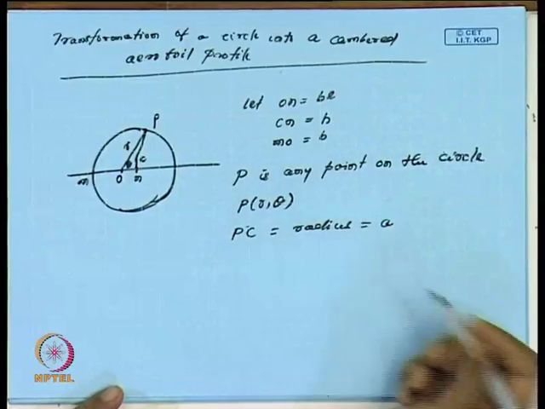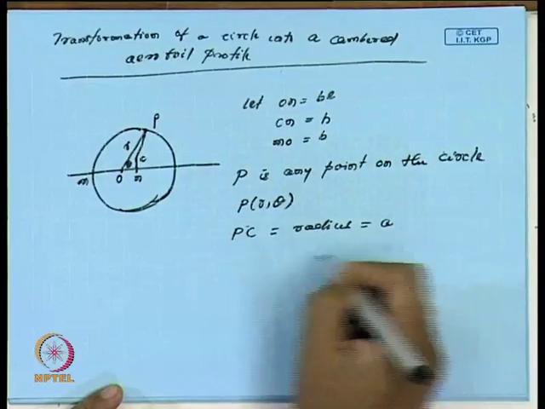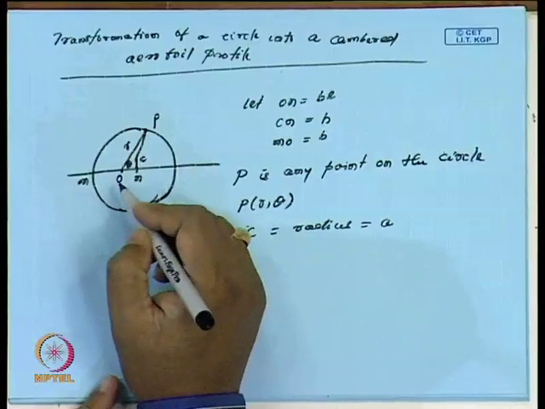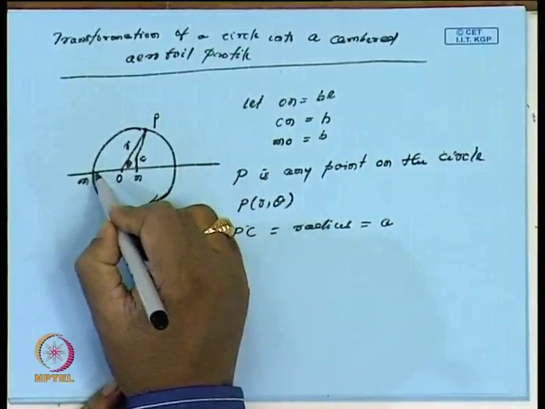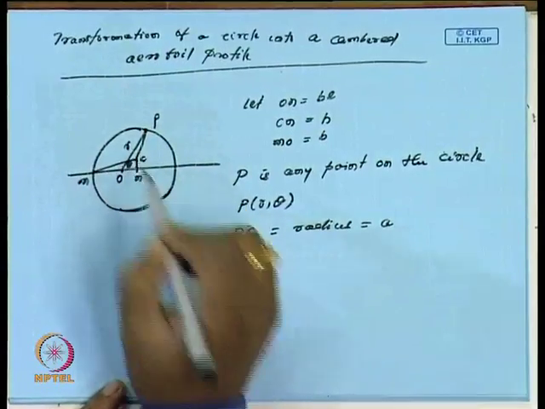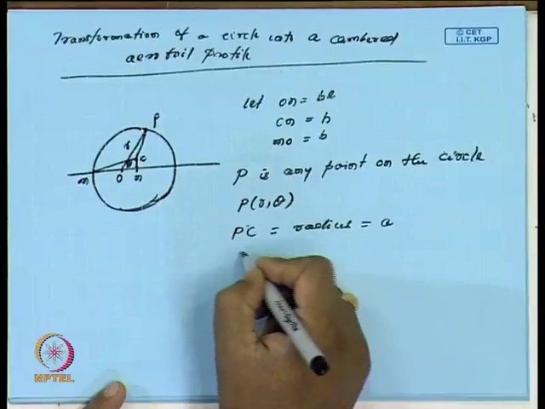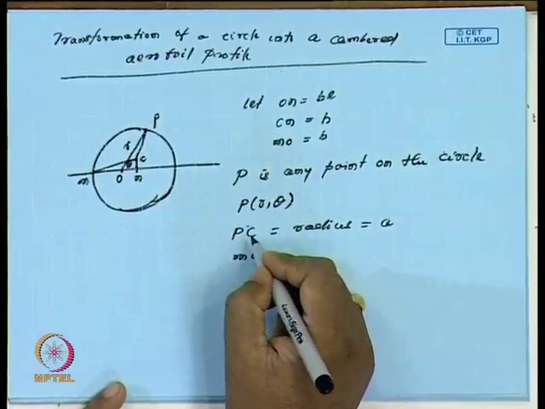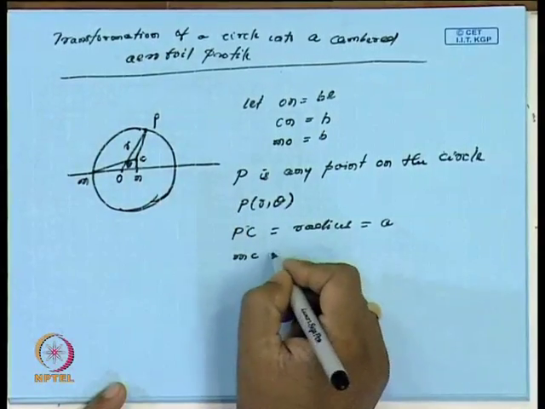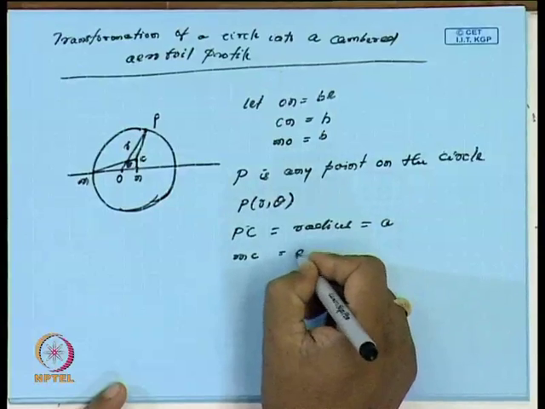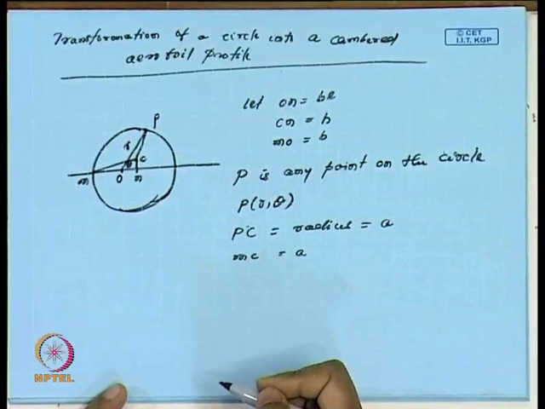Then again, I will join the point M with C. Because this is a point and this is the center, M C is also A, and then I have two things here.